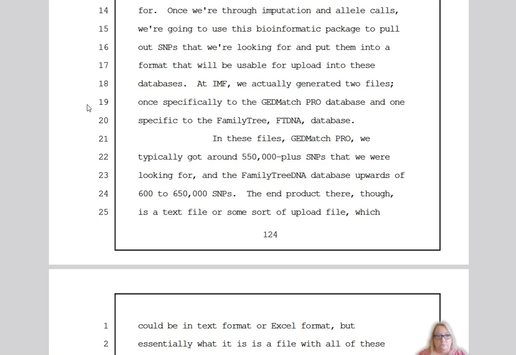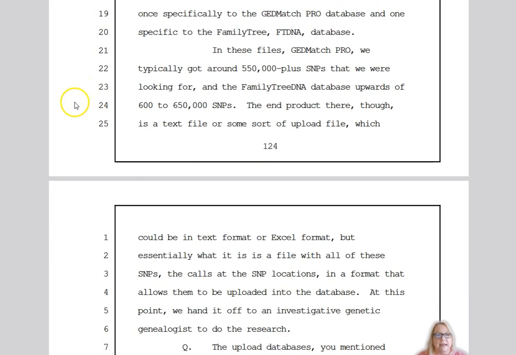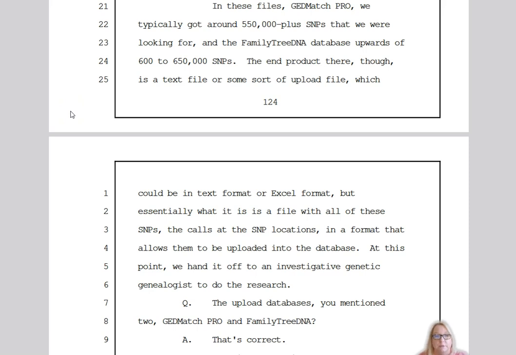So then he says, at IMF, we actually generated two files, one specifically for GEDMatch and one for FamilyTree, because they do a little different computer language, we'll call it, okay. In these files, GEDMatch PRO, we typically got around 550,000 plus SNPs that we were looking for, and the FamilyTreeDNA database upwards to 600 to 650 SNPs.